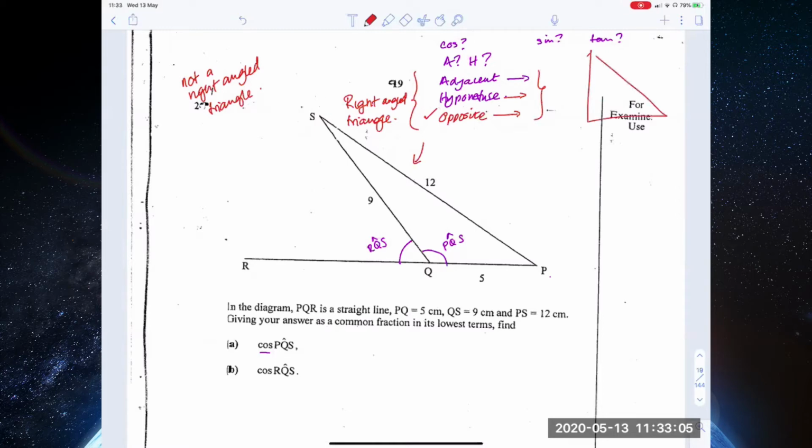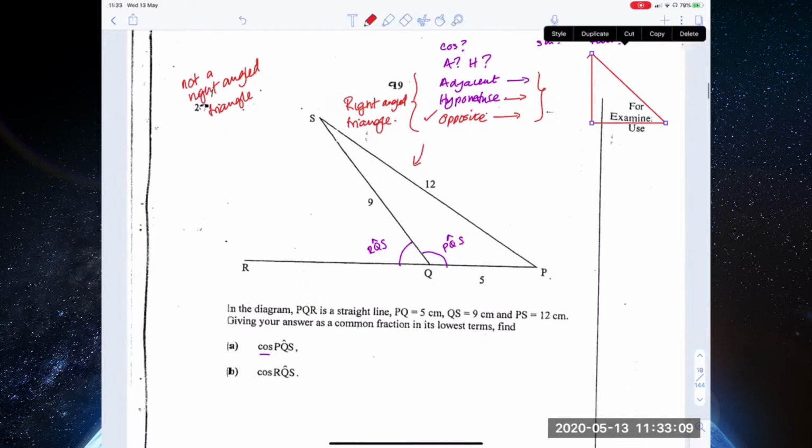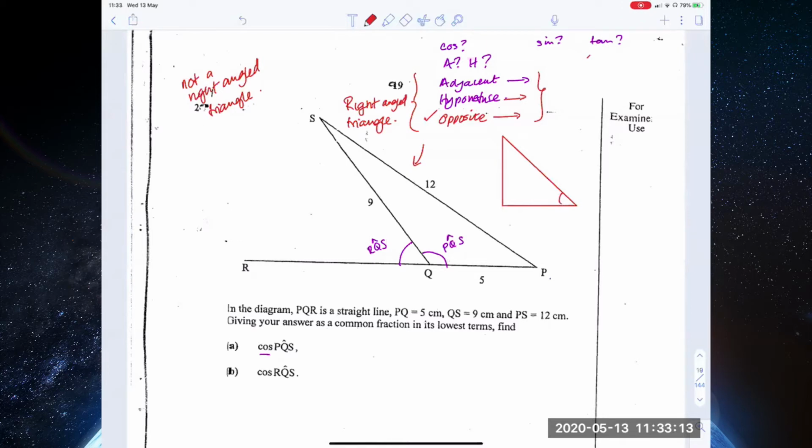Let me try that again. So when we have a right angled triangle like this one, let's say this is at the angle theta. So that's the opposite side, and that's the adjacent, and that's the hypotenuse.